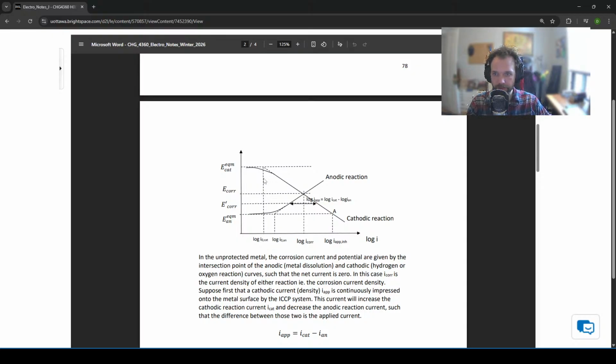And where these two curves meet, that is going to be your corrosion current and also your corrosion potential. And the idea here is we want our corrosion potential to be equal to our anodic equilibrium potential, because when the potential is at equilibrium, then no reaction is happening.